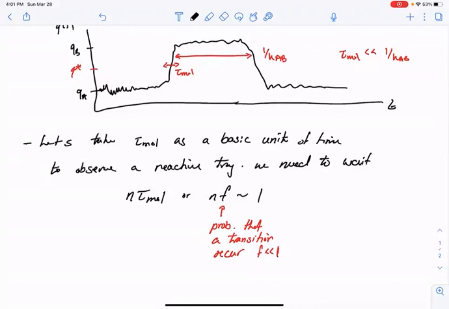So if F is the probability that I see the transition, the time I need to wait in units of some basic molecular timescale, tau mole, in order to see a transition must be such that N times F is order 1.